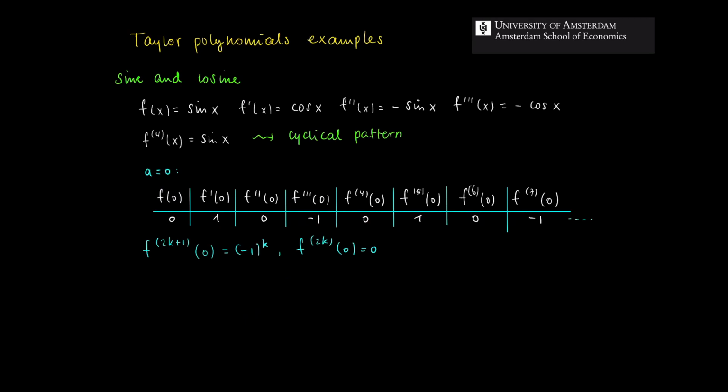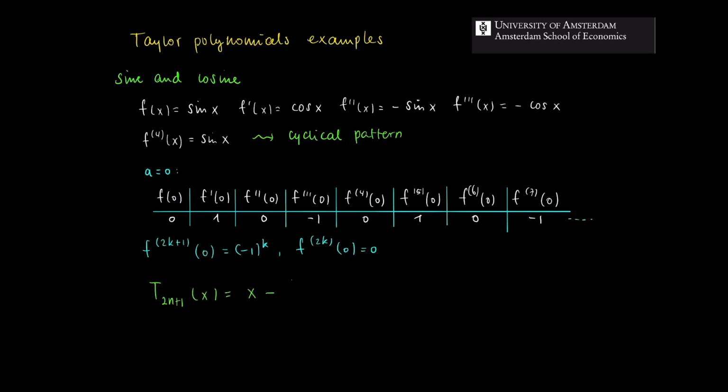So this means that if I look at the Taylor polynomial of order 2m plus 1, what do I get? I start with the first odd one, since f(0) is 0. So I start with f prime(0) times x, which is just x.